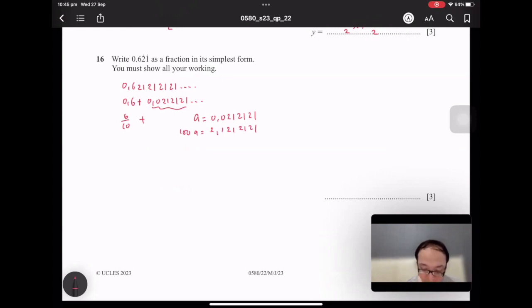And then when I subtract, I will have 99A here and 2.1. Yeah, all the other numbers are the same and gone. So A should be 2.1 over 99, or it's 21 over 990. And then we can simplify, dividing by 3, it's 7 over 330.